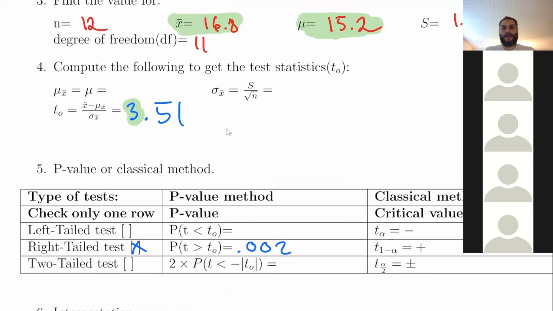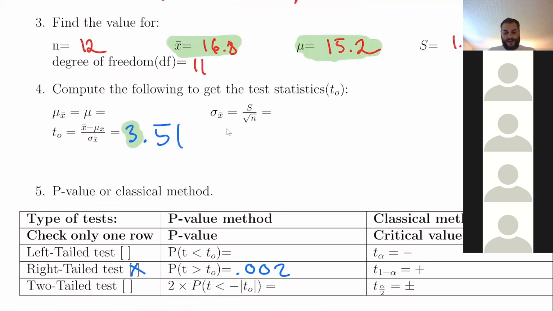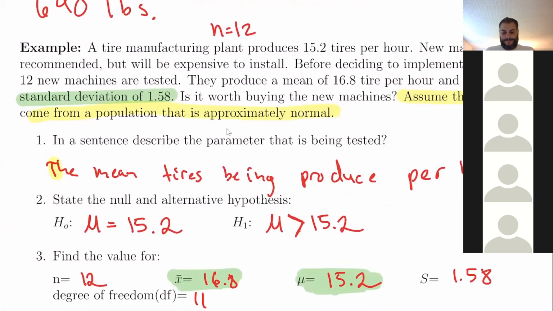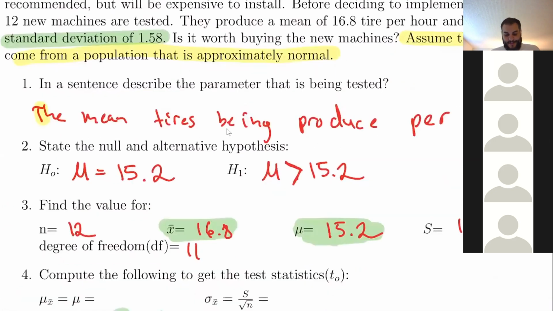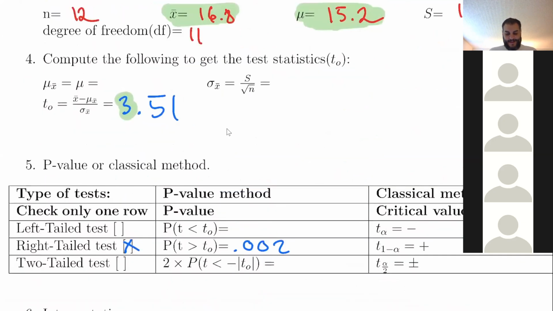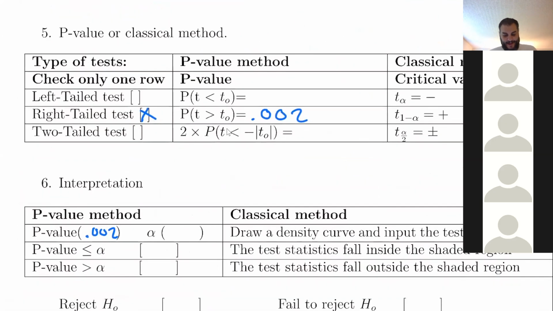Okay, so let's go ahead and get our alpha. If you look at this problem, alpha isn't actually given to us. So since alpha isn't given, what should we assume alpha to be? Yeah, 0.05, thank you. So we'll put 0.05 over here.